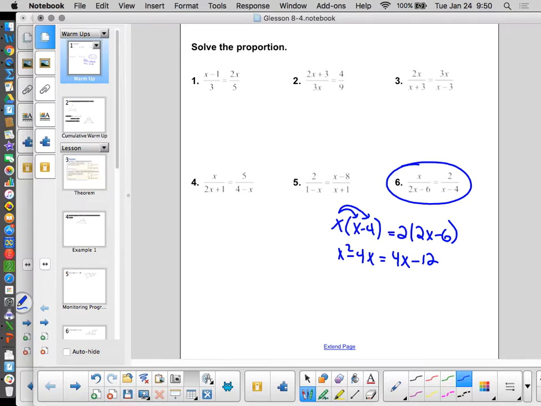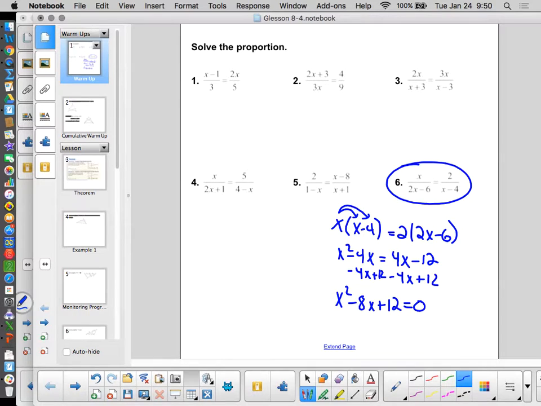Now, when I get an x squared and an x in an equation like that, the only choice I have to solve this is to set it equal to 0 and then factor it, or use the quadratic formula or some other method. So I have to bring everything to one side of the equation, and I get x squared minus 8x plus 12 equals 0.